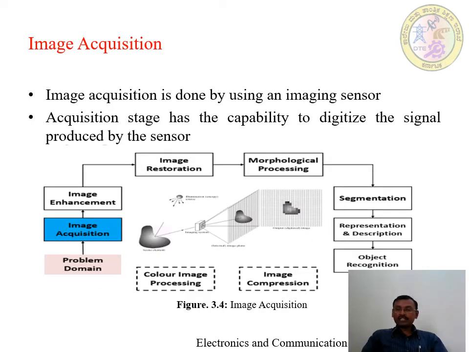After understanding the physics of that problem domain, in the image acquisition stage, we are acquiring the image that we are converting into digital form, as shown in figure 3.4, where the source of energy is illuminated on the object, then the reflected energy is recorded in the form of electromagnetic energy as an image, and that analog image is converted to digital form by using sampling and quantization processes. This image acquisition is done using sensors.